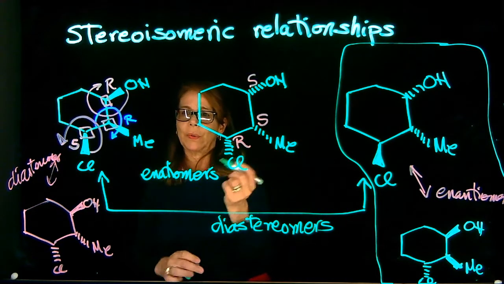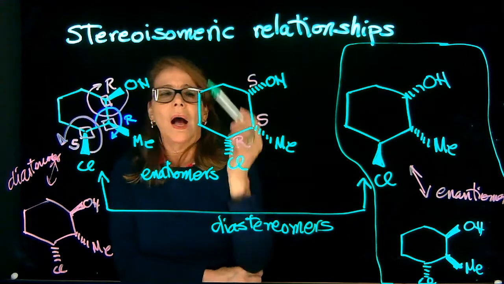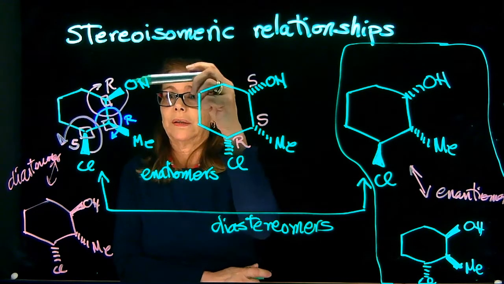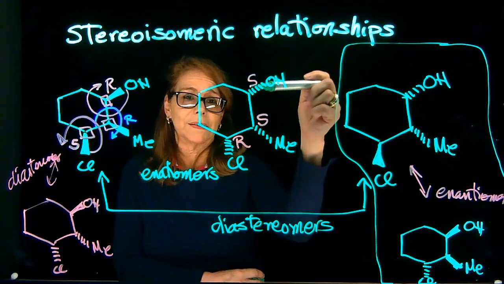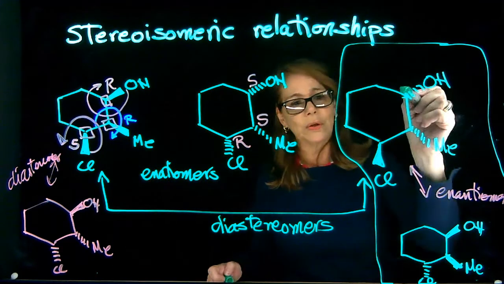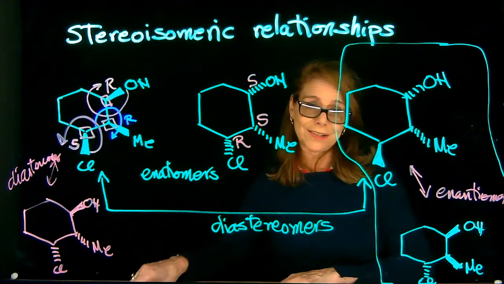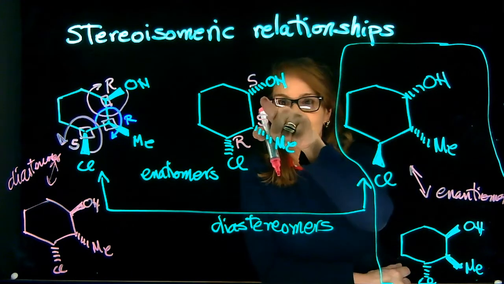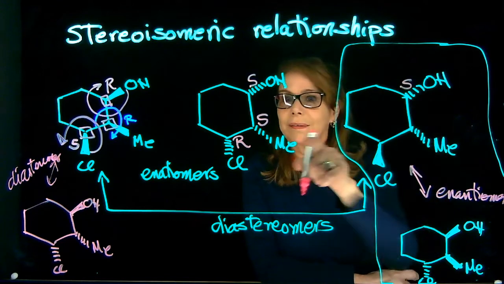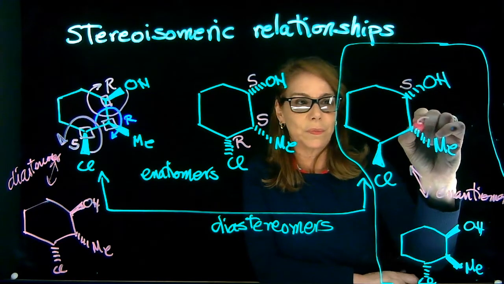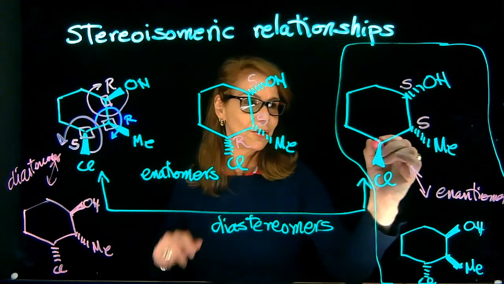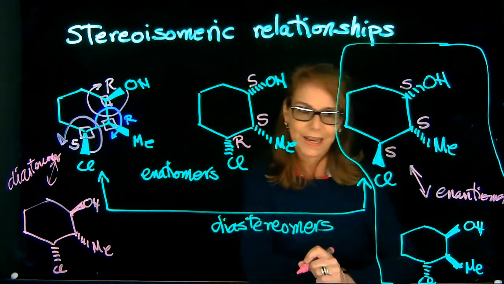So here's what we want to see. Again, let's assign configuration here. Notice the two enantiomers. Here was RRS. This is SSR. Now, if we look at that and we were asked to assign configurations, really looking at those is easy. This is the same, so it should be S. This is the same, so it should be S. And this with a wedge is like this, so this is the SSS.